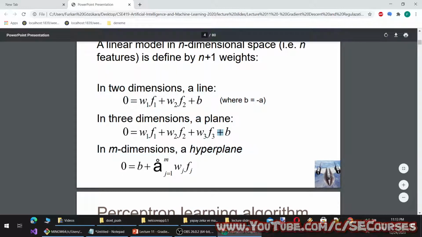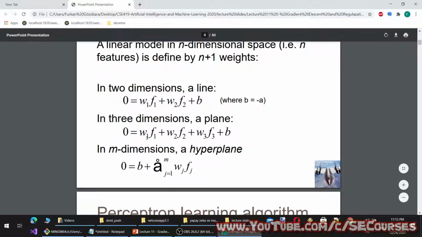In 2 dimensions, a line is defined as w1 times f1 plus w2 times f2 plus b, where b equals minus a. So you see, this is weight 1, this is feature 1, this is weight 2, feature 2, and some parameter.